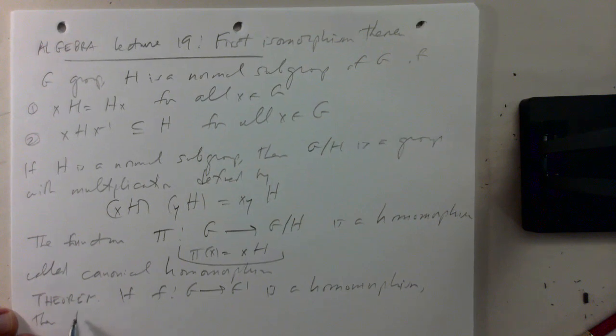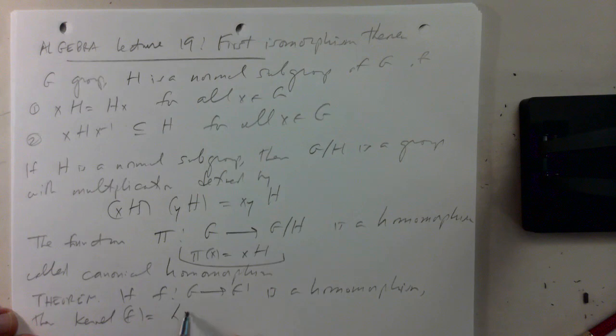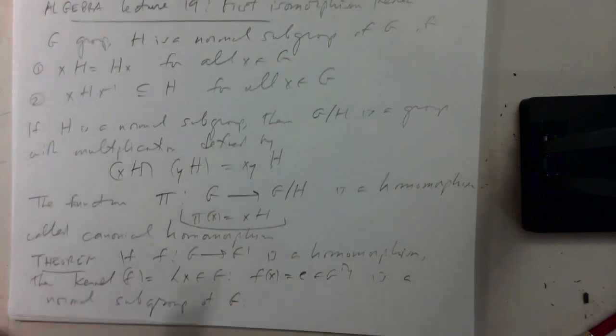Then the kernel of f, which is all the elements in G such that f of x is the identity in G prime, is a normal subgroup of G. So one way to get normal subgroups is as kernels of homomorphisms.